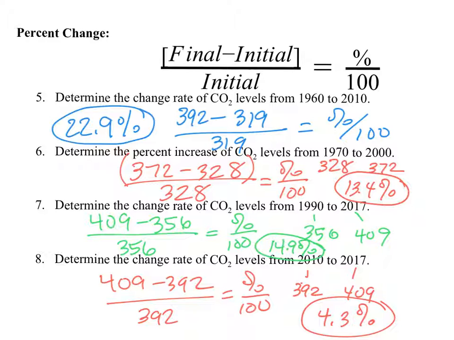Realize people often pick the numerical analysis that best supports their argument. So if I wanted to freak you out about the change in CO2 levels, does 4.3% really freak you out? Probably not so much.